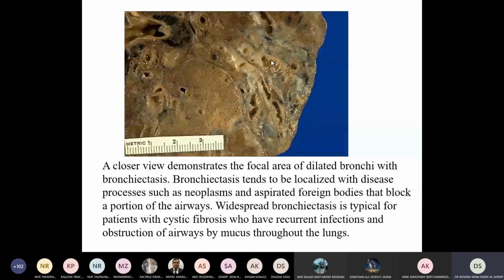The alveoli is normal, but the problem here is the bronchi. The bronchus is dilated because of persistent destruction. And can you see that inside the bronchi there is mucus? Purulent mucus.